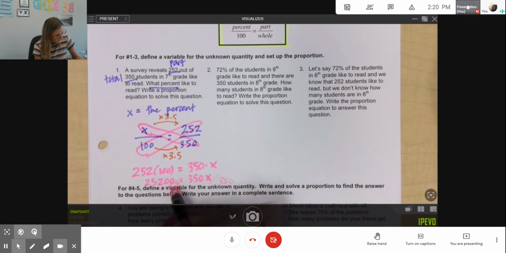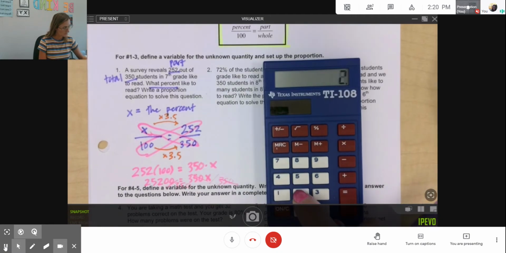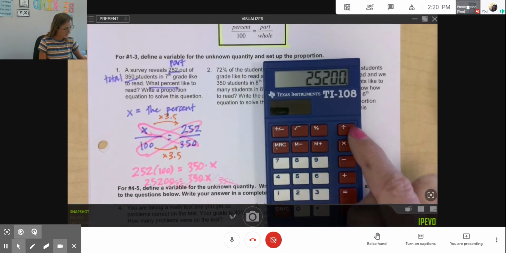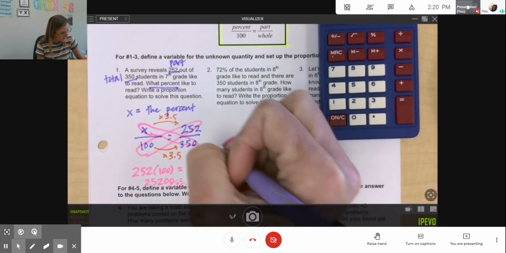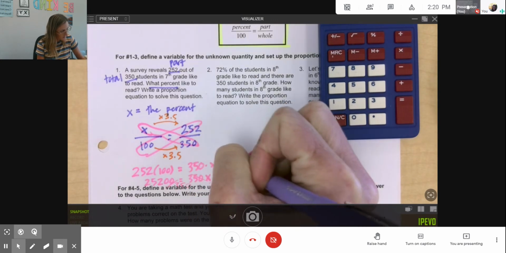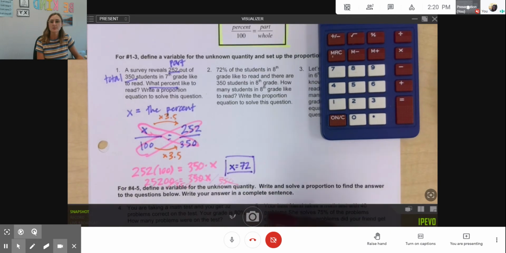When I type 25,200 divided by 350 into a calculator, that's going to get me 72. So that means that X is equal to 72, and that means that X is equal to 72%. So 72% of students in 7th grade like to read.